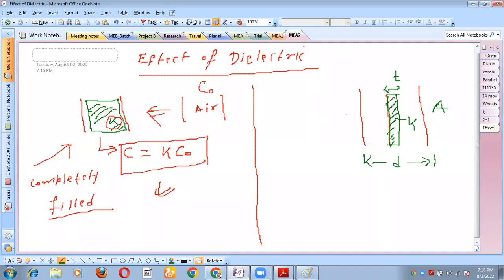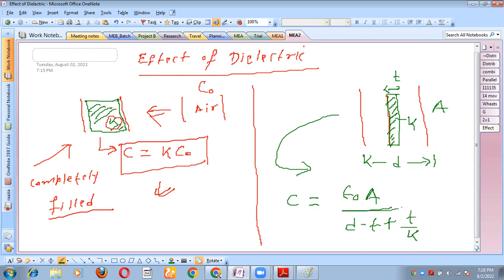So what will happen now to the capacitance? It will become like this. C is equal to epsilon naught A by D minus T plus T by K. So you have to remember this formula.